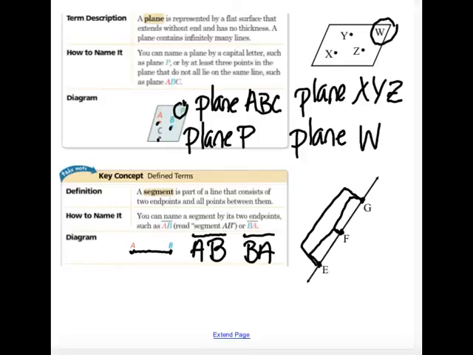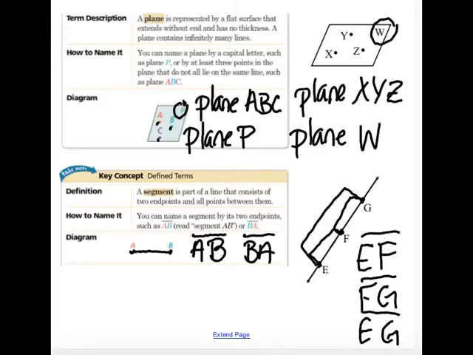Those are all line segments, so let's write those down. I have segment EF, segment FG, and segment EG. And like I said, those could all be flipped around, FE, GF, GE, anything like that.